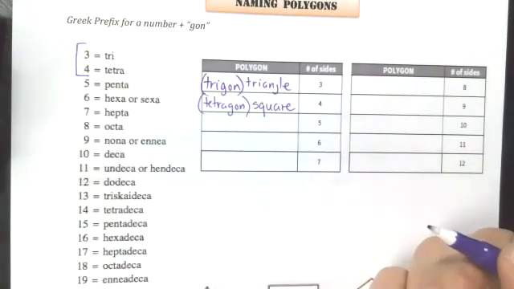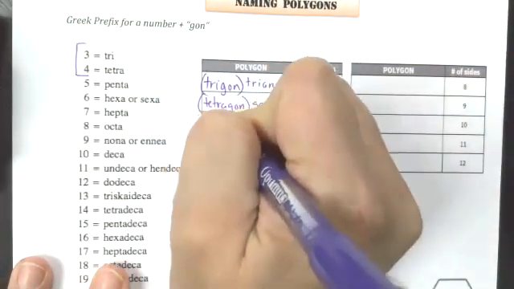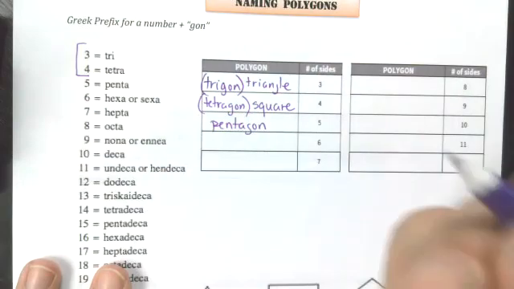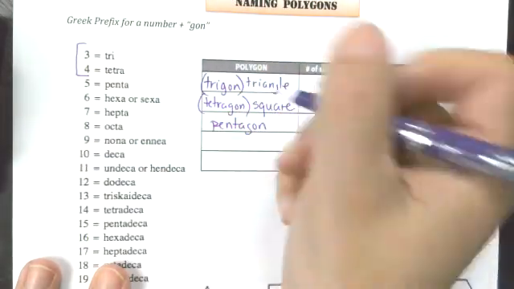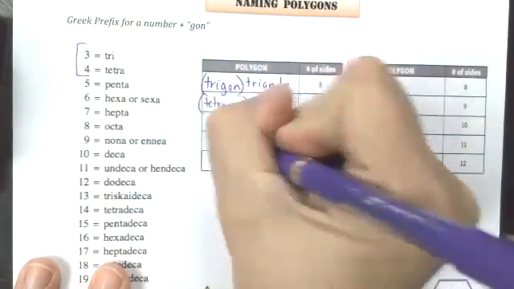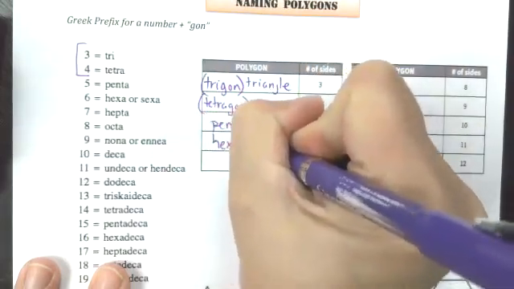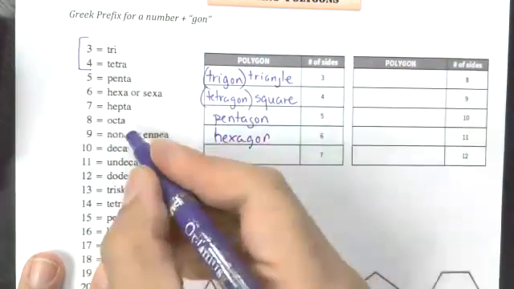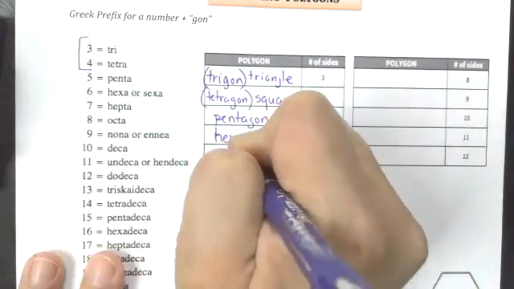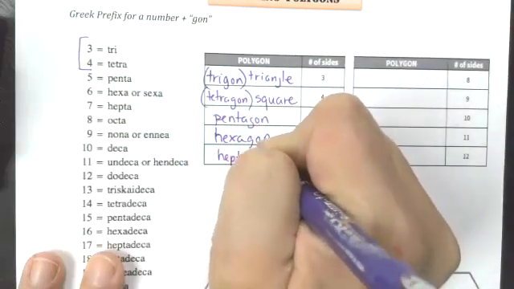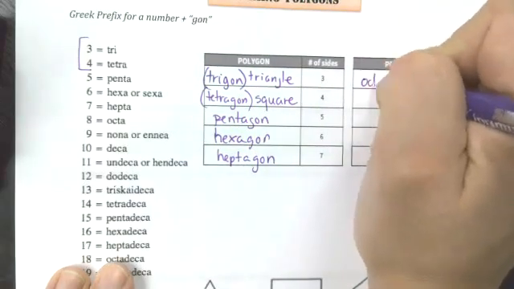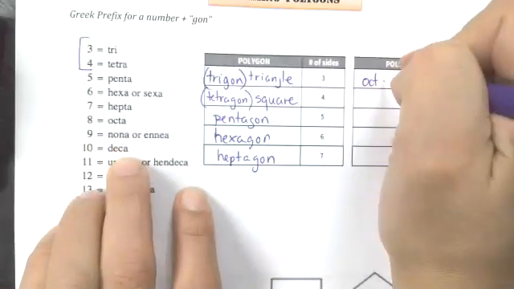Pentagon. You know pentagons, right? And then 6, hexagon, sometimes sexagon, but we don't really use sexagon because it sounds a little bit weird, right? Hexagon, but they're both acceptable for math. So we have hepta for 7, heptagon. And then we have octagon for 8 sides, 8 angles.